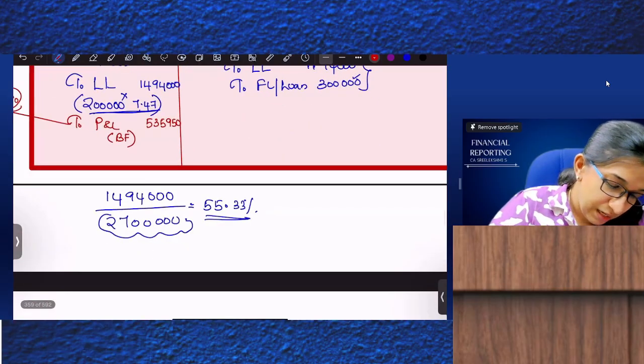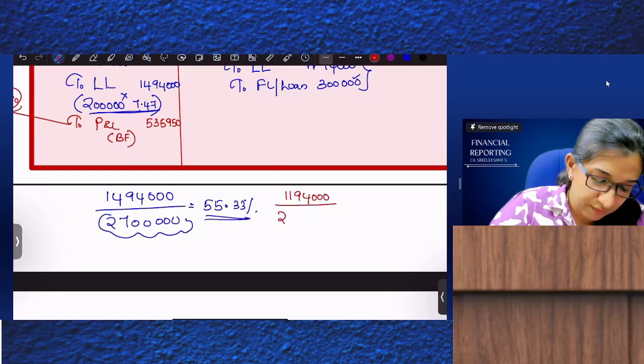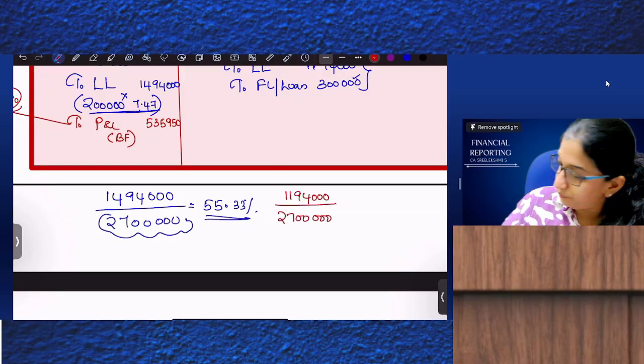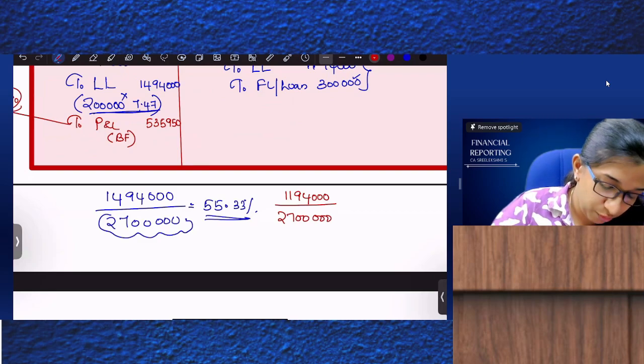The proportion is 11 lakh 94,000 divided by 27 lakhs, which is 44.22%.